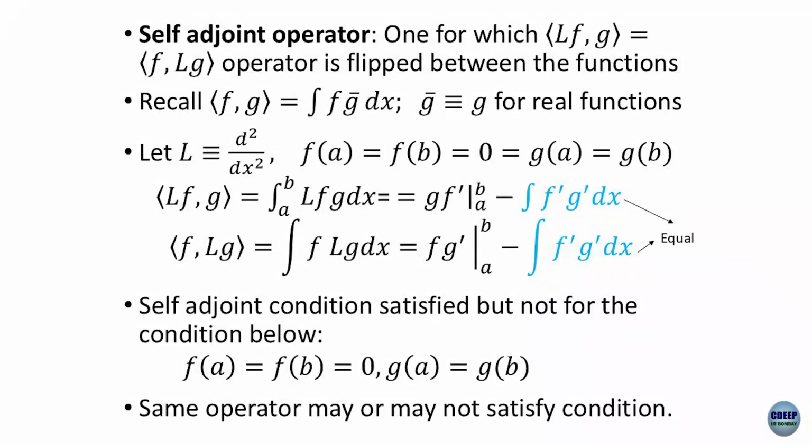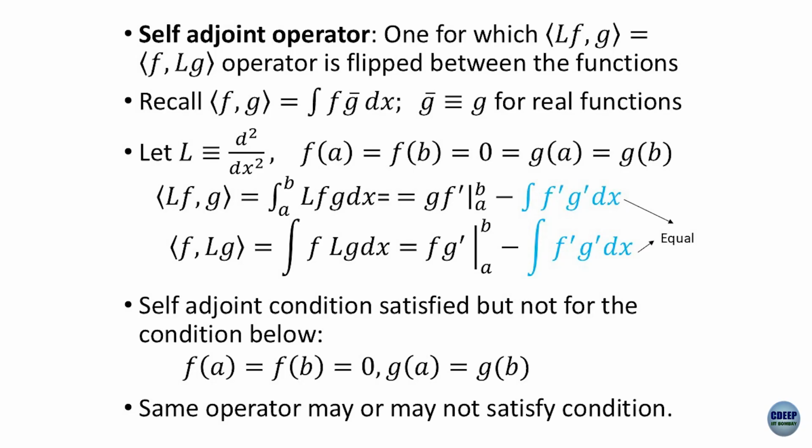Okay? And of course, the boundary conditions have to be given to you because you are performing some kind of an integration. So before we went ahead, we said that there is a small word of caution: even though a particular operator can be self-adjoint, it can also be not self-adjoint, because it all depends on what the conditions are over the domain that you are talking about.